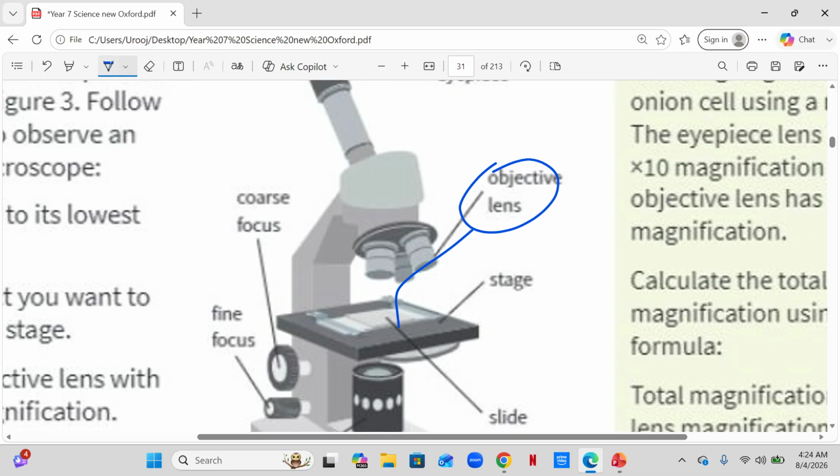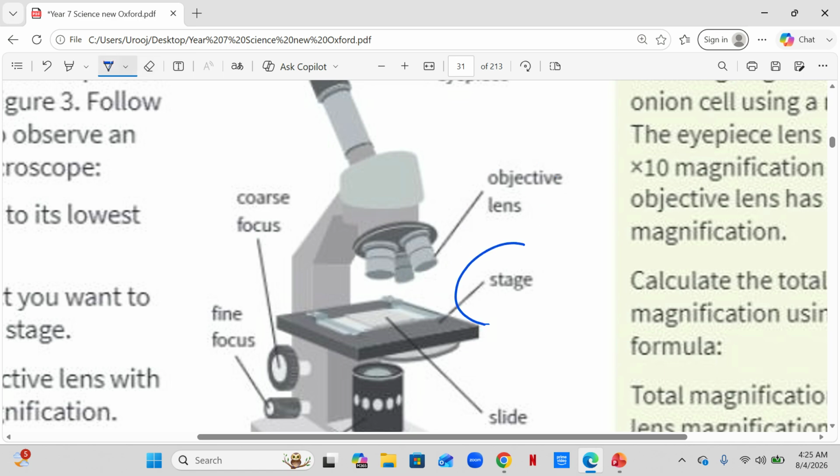To observe a specimen, we usually start with the lowest magnification, that is 4 times, and then move to higher magnifications for more detail. It's just like zooming in on your phone's camera. The more you zoom, the more details you can see, right?